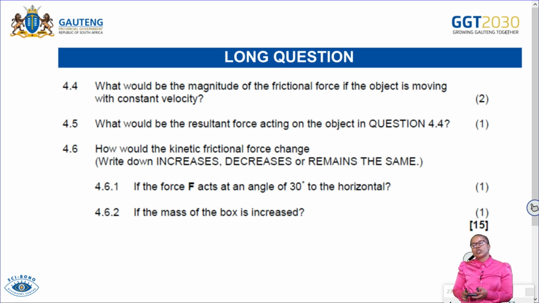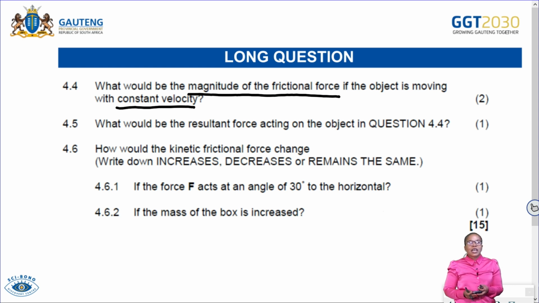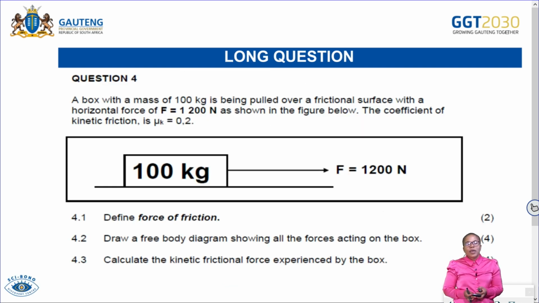What will be the magnitude of frictional force if the object is moving with a constant velocity? Okay, let's underline the keywords. Constant velocity. They're asking about the magnitude of frictional force if the object is moving at a constant velocity. Now, let's have a look. So we have our F being equal to 1,200, which is the applied force.